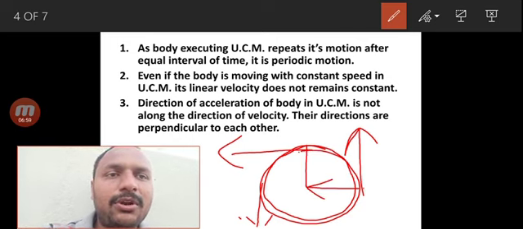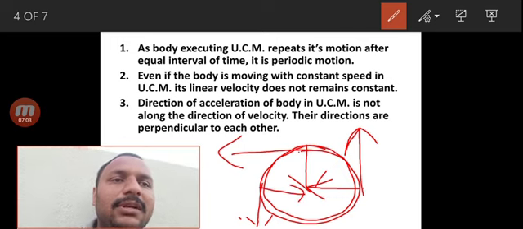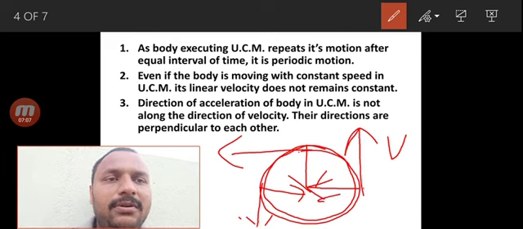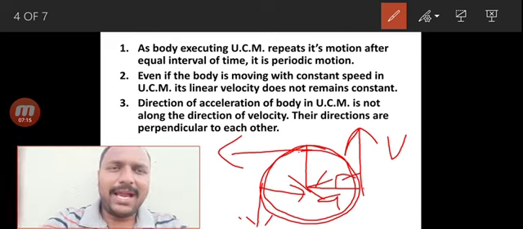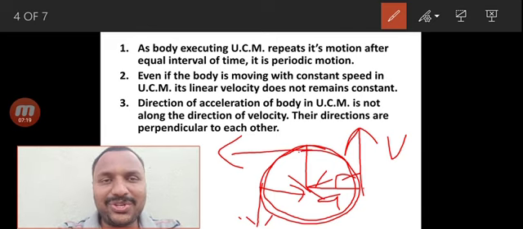Then the direction of acceleration is always toward the center. This is the direction of velocity and this is the direction of acceleration. Their directions are different. The angle is 90 degrees. The angle between velocity and centripetal acceleration is 90 degrees. They are perpendicular to each other.